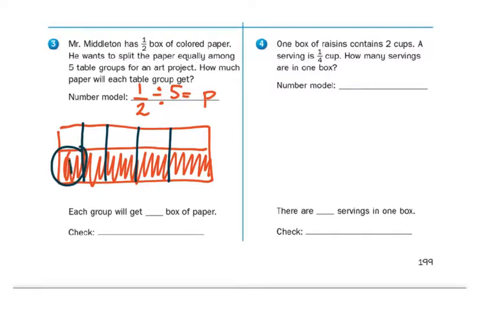Right, because this would be group 1, group 2, group 3, group 4, group 5. Each one will get, there are 10 boxes, each group gets 1/10. So then I'll take 1/10 each group gets times 5 groups. Is it the same thing as 5/10, which is equal to 1/2.